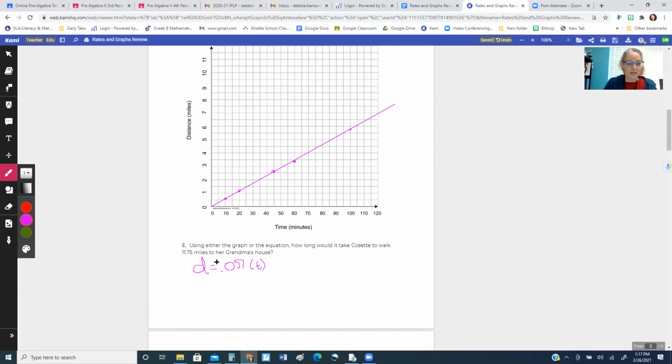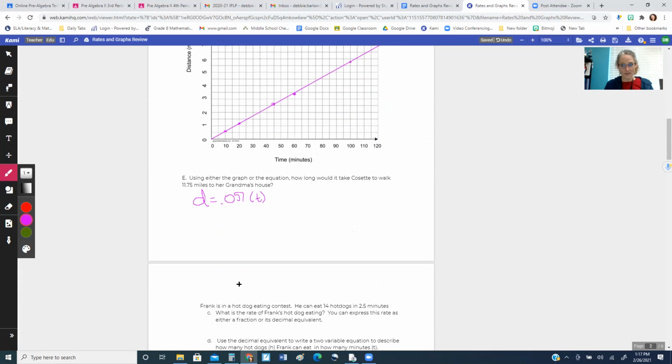Now I know distance instead of time, but I can solve for time, because we've just spent the last week and a half, two weeks, whatever, reviewing linear equations. We can solve linear equations in our sleep. If you're like me, you just might solve linear equations in your sleep.